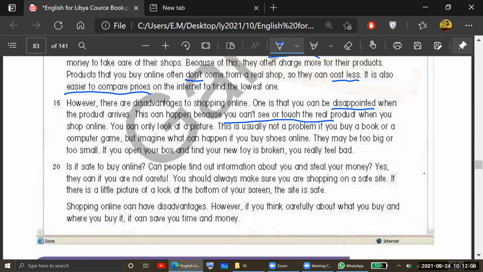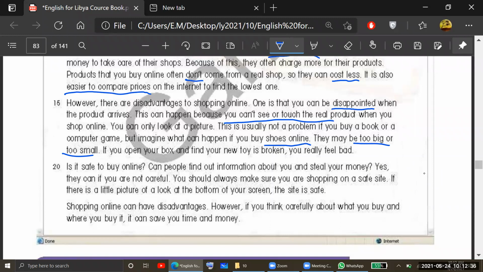This is usually no problem if you buy a book or a computer game. But imagine what can happen if you buy shoes online. They may be too big or too small. You buy shoes or clothes and you find them too big or too small.